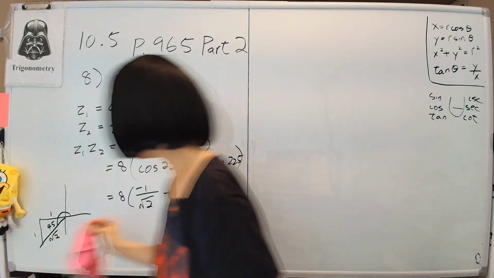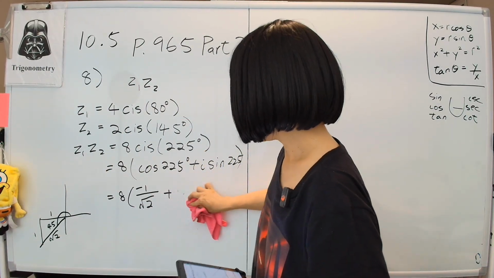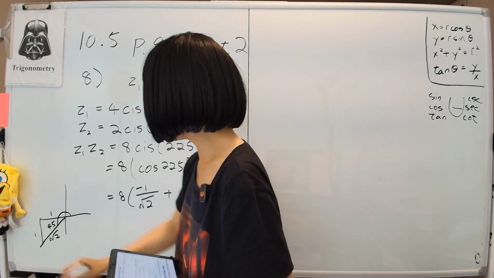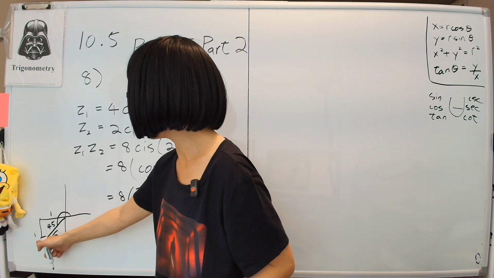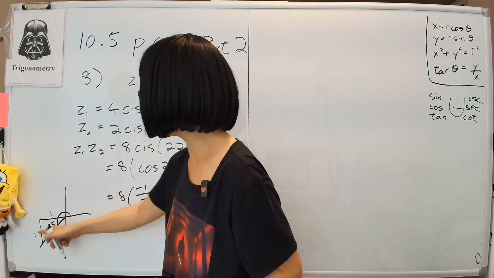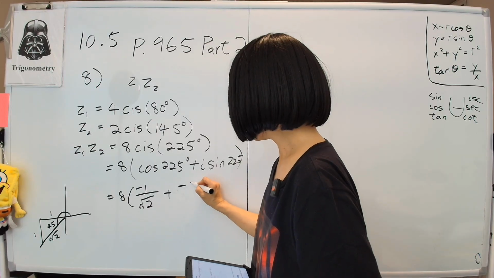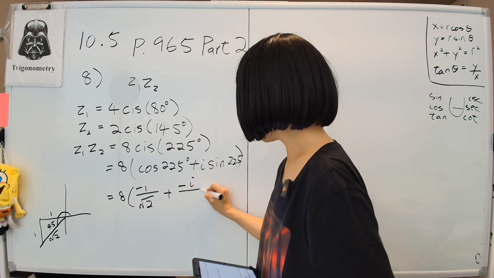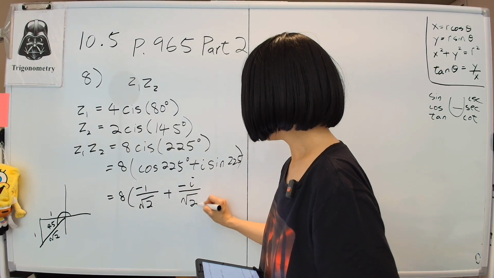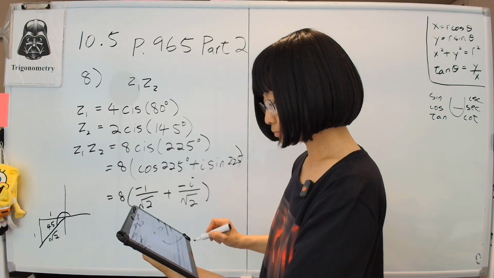Plus the sine of 225 is 1 over square root of 2, and this one is also negative because it's down here instead of up there. So the y value is also negative, so it's minus 1 i over square root of 2, and that will be the answer.